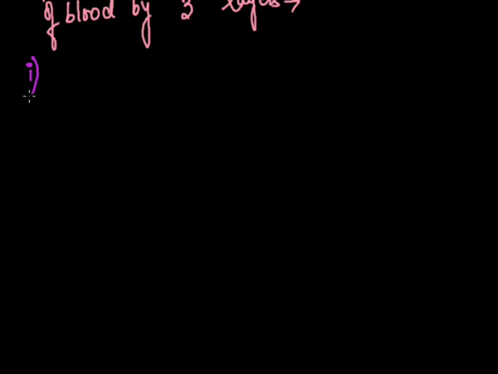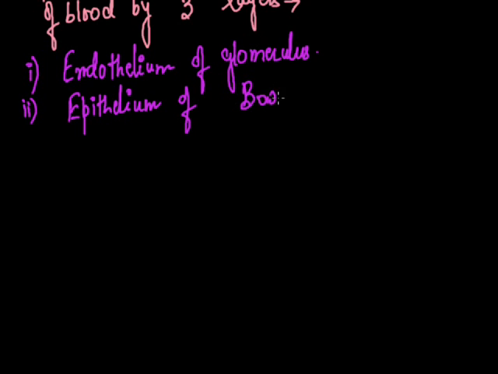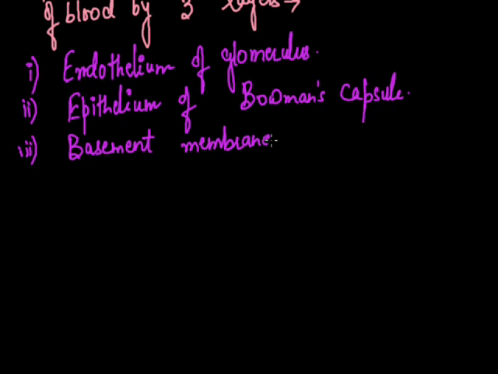The first one is the endothelium layer of the glomerulus. Next is the epithelium layer of the Bowman capsule, in which the glomerulus is situated. The third layer is the basement membrane.